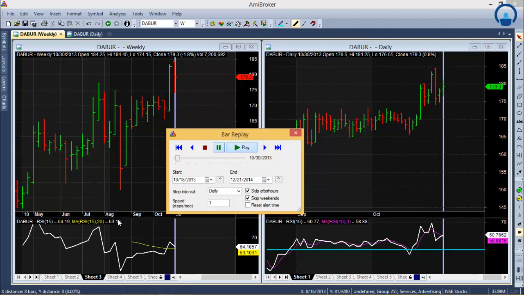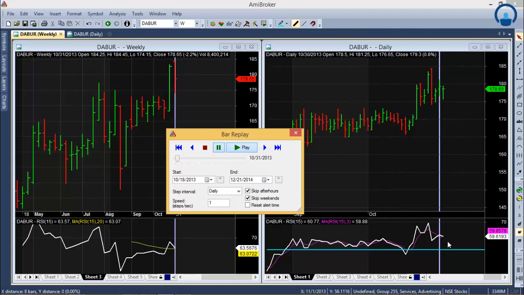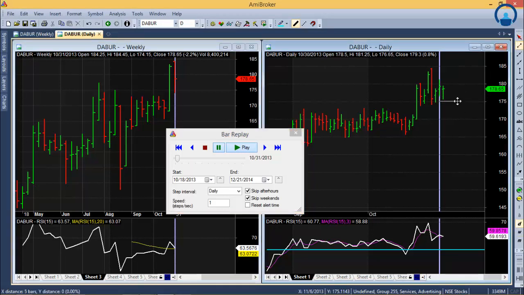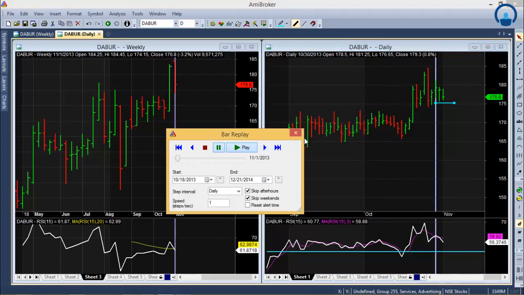Since the week is not complete as of yet, I will give it the benefit of doubt and go ahead with my trading setup. RSI has again crossed below its own moving average. I'll place a sell stop at this level. Still not triggered, but the trade is valid.